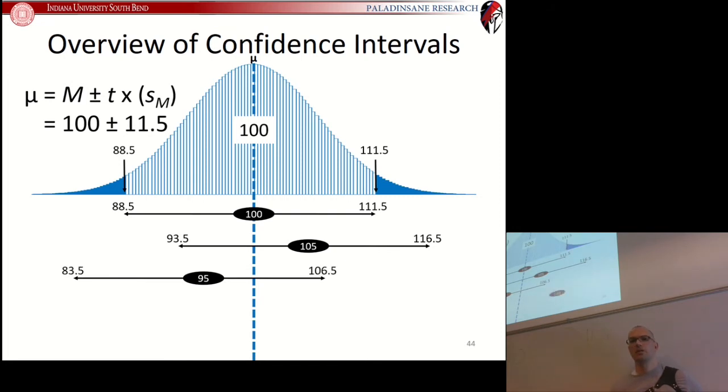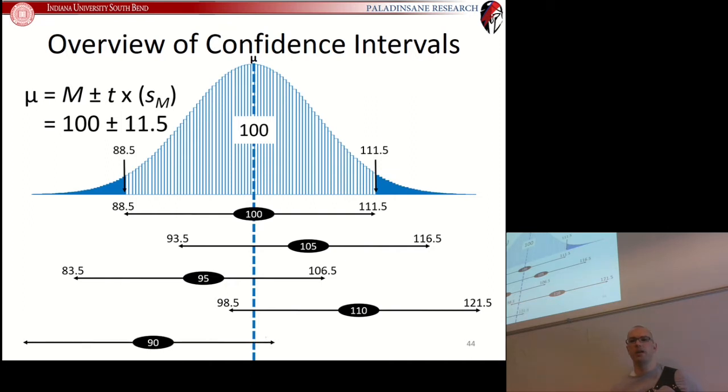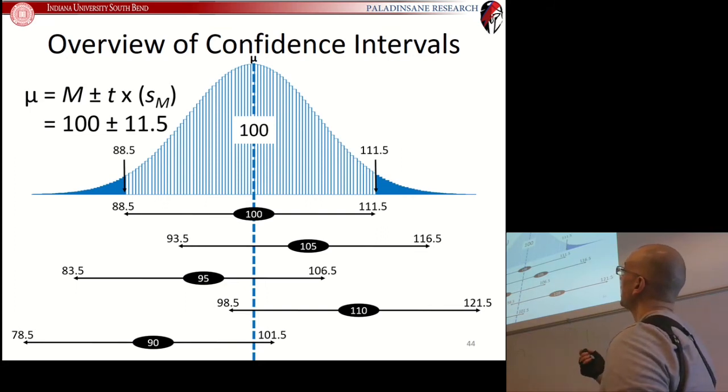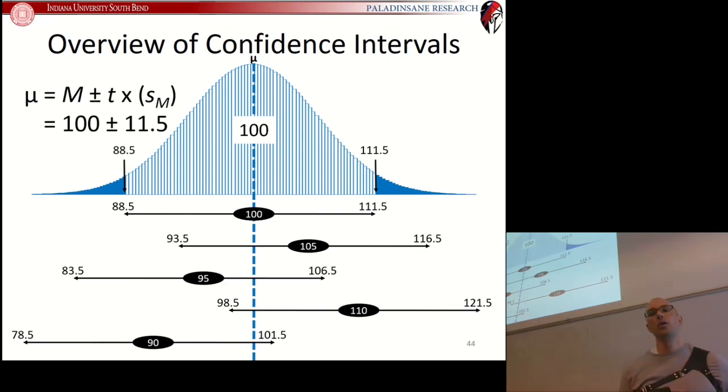A sample mean of 110 almost misses, but it still contains the population mean of 100. And as long as those sample means come from the body, they will contain that population. So you can be as confident as the percentage of the body of that distribution is. That's how confident you are.